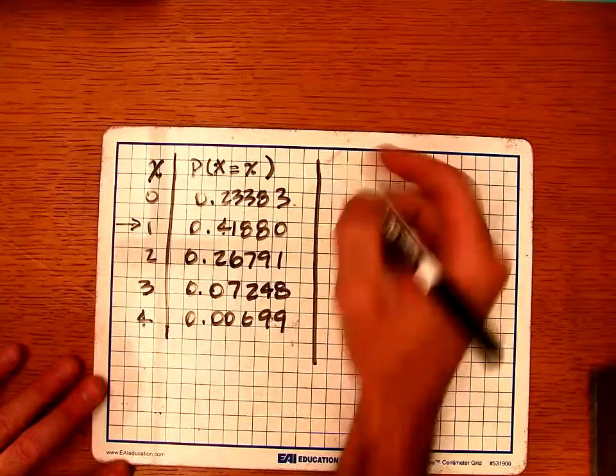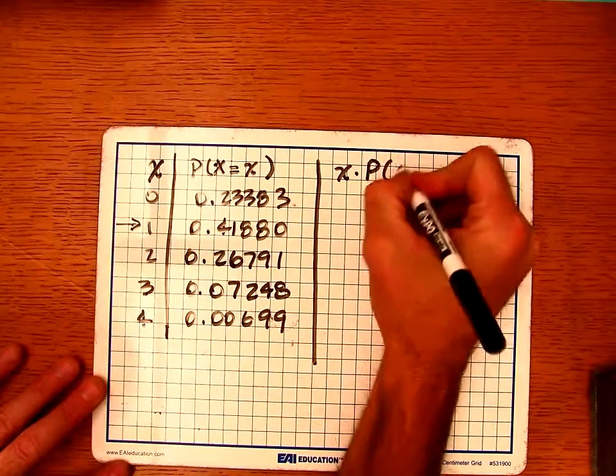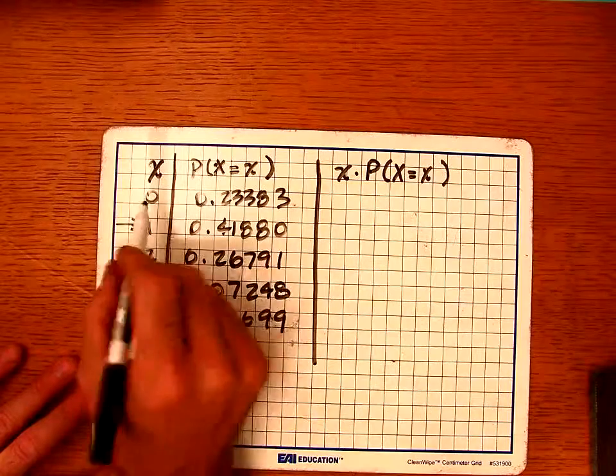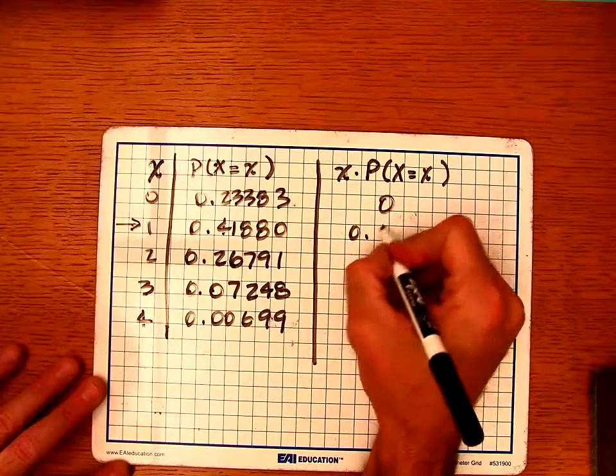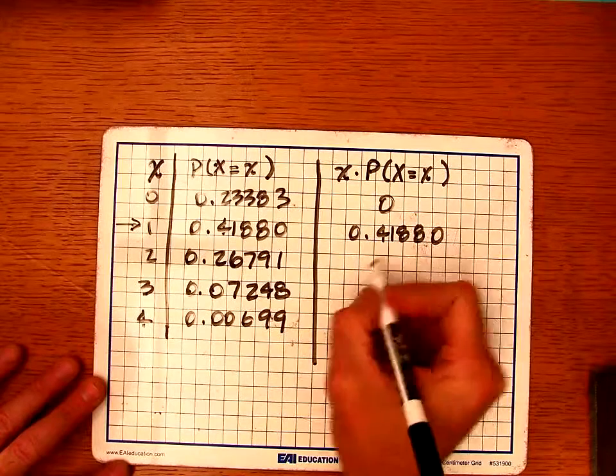We would just multiply x times the probability that X is equal to x. So this column times that column, we get a 0 here. We get 0.41880 here.